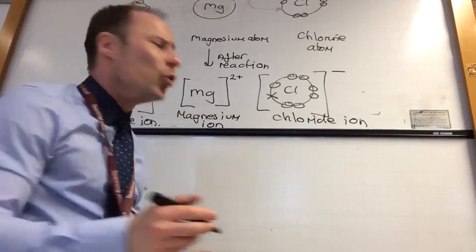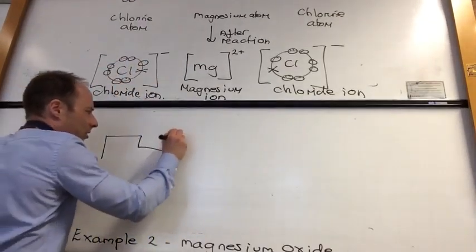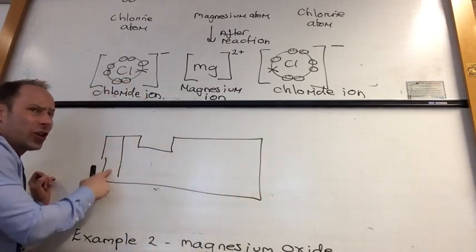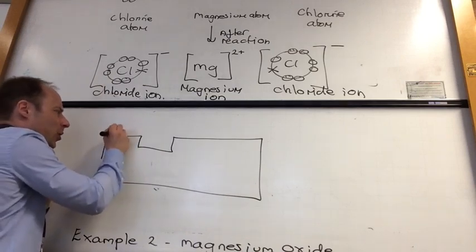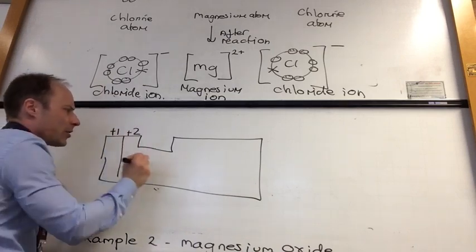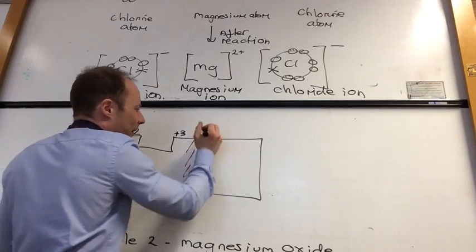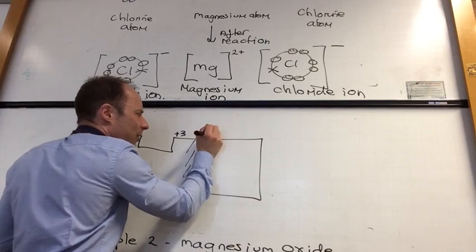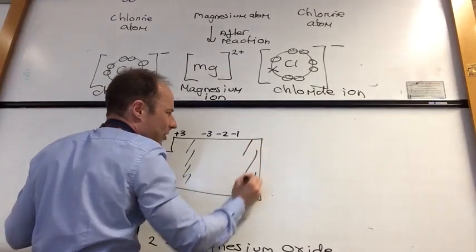If we go through the periodic table, group 1, what is the charge always on group 1? Group 1 is always plus 1, group 2 is always plus 2, group 3 is plus 3, group 4 we're not going to worry about. Then we go minus 3, minus 2, minus 1, and these guys don't react.